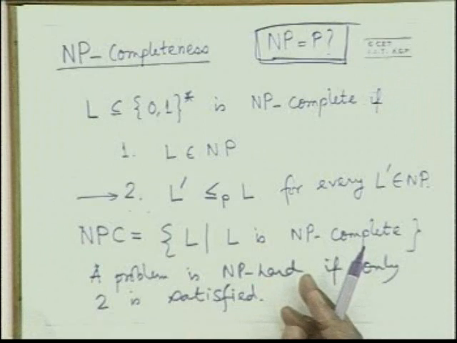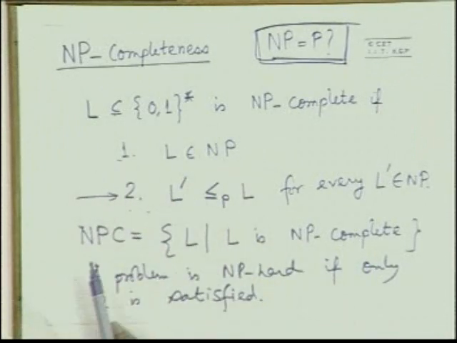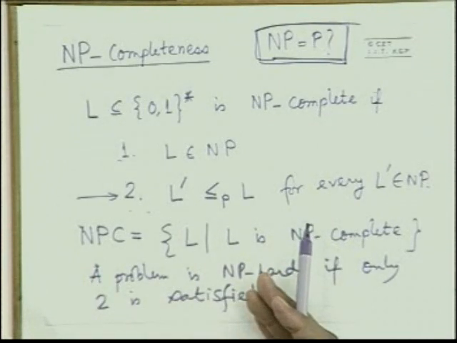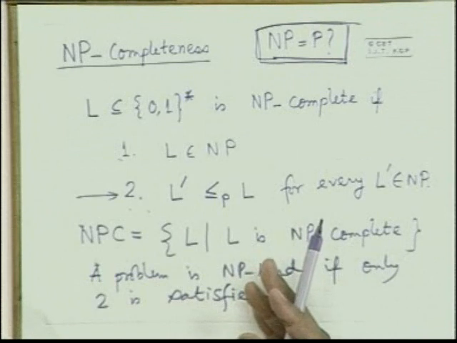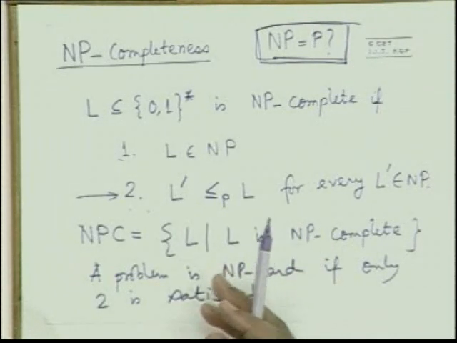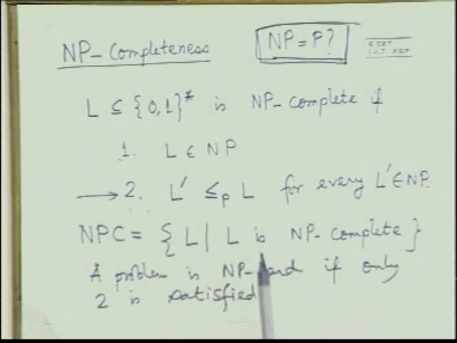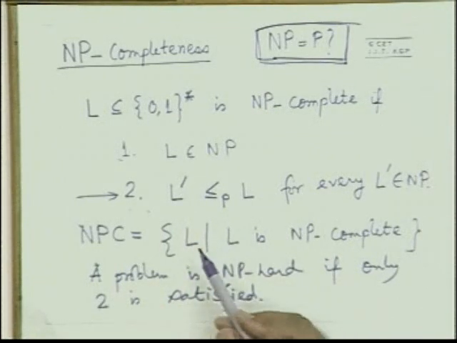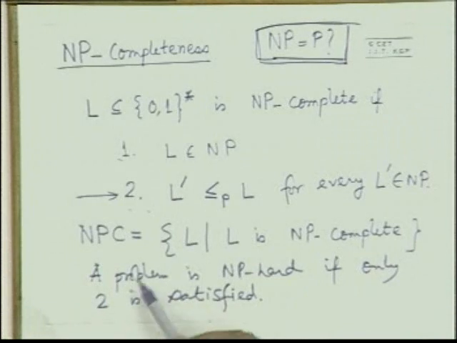But there are problems for which it probably cannot be shown that they belong to NP. So an NP hard problem is harder than NP. That's why it is called NP hard. It means this problem is at least as hard as NP, because you have shown that all problems in NP can be reduced to this problem by condition 2.